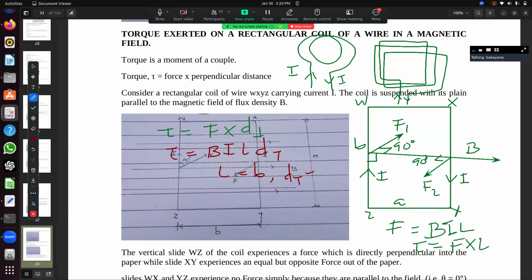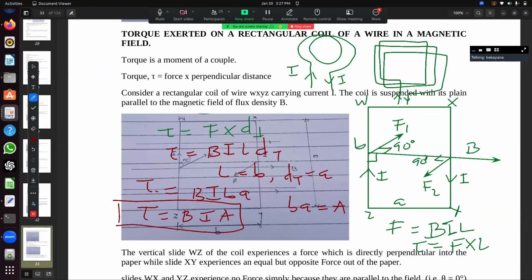That means my torque will be B times I times the length, B, times A, the perpendicular distance. But these are dimensions of the coil, B times A gives us the area of the coil, so the torque is B I times the area of the coil.